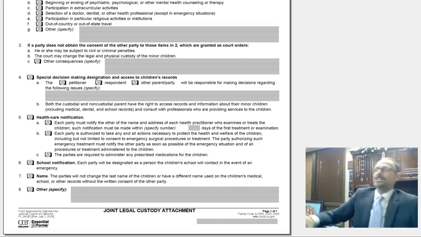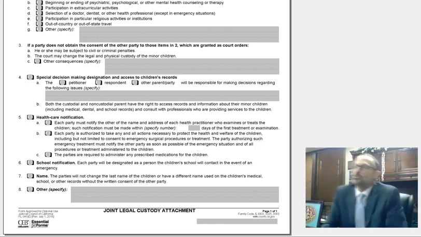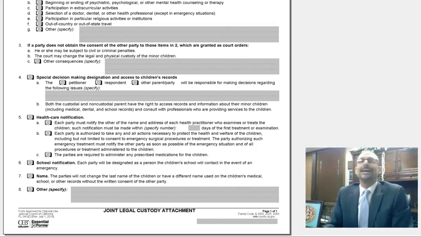So let me give you an example. If it was the schooling issues like I discussed earlier, and let's say dad's in the military and he's stationed in Afghanistan, and it really doesn't make sense for him to be involved in the day-to-day schooling activities and that kind of thing.